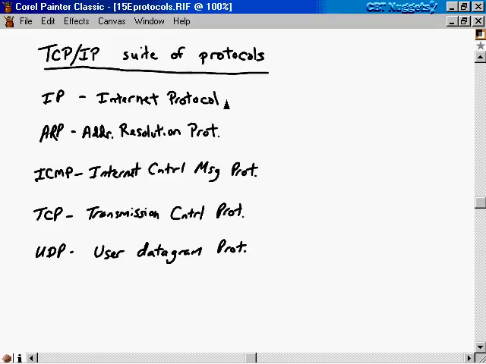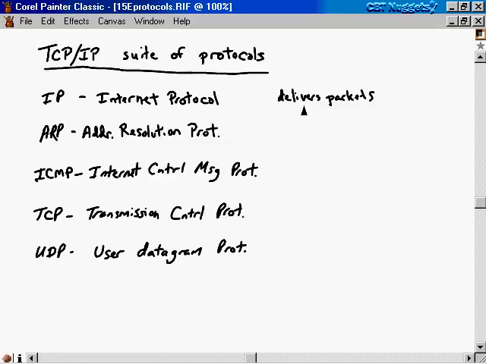IP is the Internet Protocol, and IP is responsible for delivering packets. When we're talking about stuff being sent across the internet, at the internet layer of the whole system, IP is what's delivering the packets from one system to another. Now, these packets could be delivered out of order, all jumbled up. Maybe the message you're trying to send is big and it can't all fit into one packet, so then it's broken up into multiple packets, and then IP sends these multiple packets.